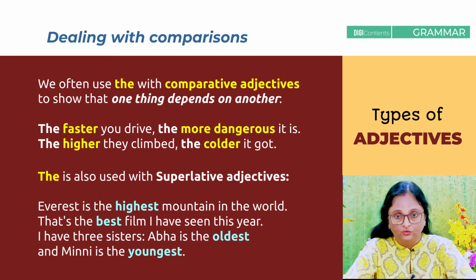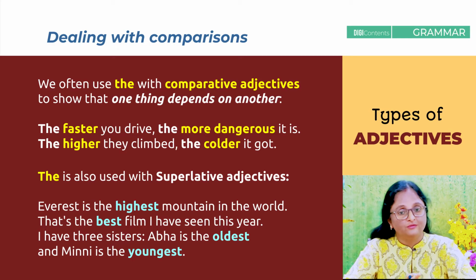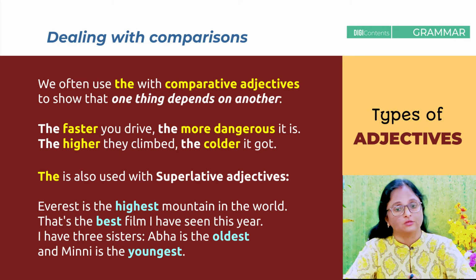We often use the with comparative adjectives to show that one thing depends on another. The faster you drive, the more dangerous it is. The higher they climbed, the colder it got. The is also used with superlative adjectives.